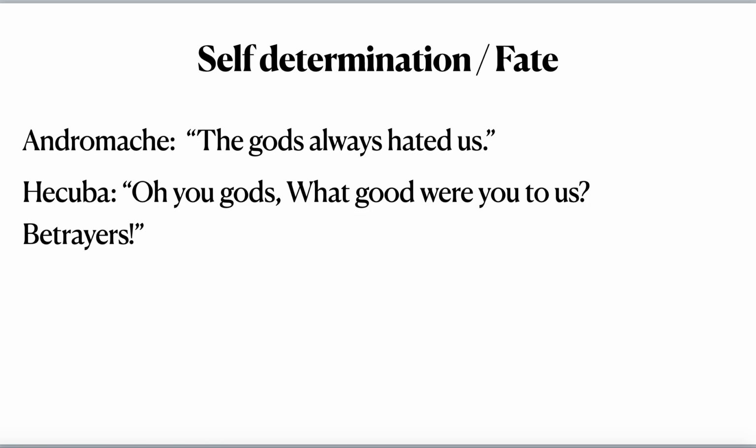And the first quote here, "The gods always hated us," is a very typical quote from the play, and it's this idea that they're being punished by the gods. The gods control their lives, and they're inflicting this punishment, or this life of misery upon them, because gods don't like humans.